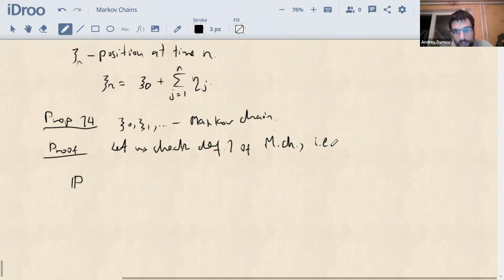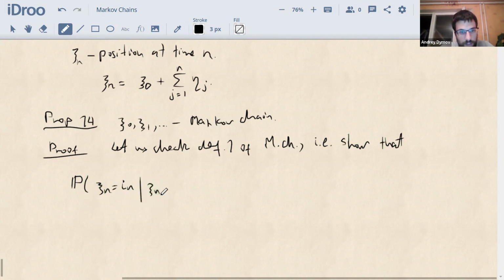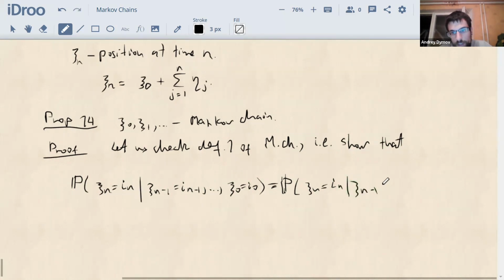I wish to show that the following equality holds: the probability that xi_n equals i_n, conditioning on the event that xi_{n-1} equals i_{n-1}, ..., xi_0 equals i_0, should be equal to a similar probability, but when I condition only on the present state, that is on the position at the moment of time n-1, right?